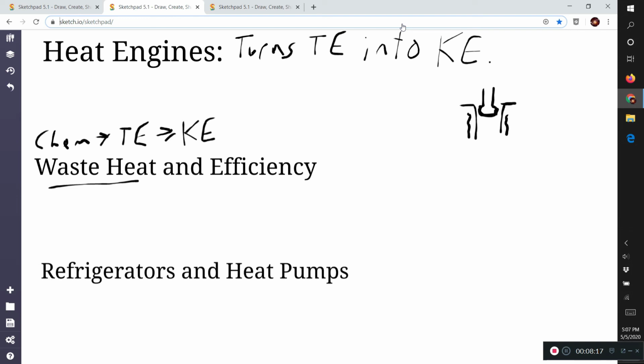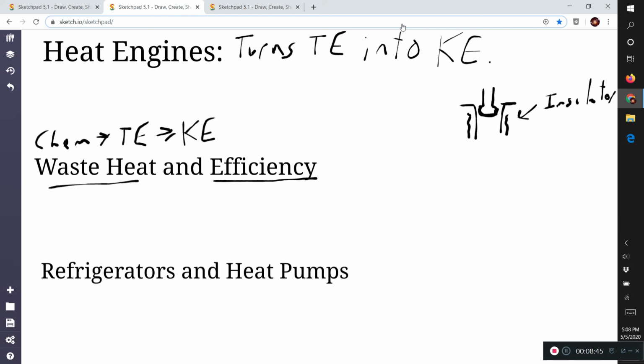Because of waste heat and the fact that you can't avoid it, even if your substance is a very good insulator, so that heat does not transfer to it, some heat will transfer. And that means that we have an efficiency problem. Not all of the thermal energy will convert into kinetic energy. And just like we talked about efficiency with simple machines, the amount of efficiency in a heat engine is relatively low in comparison.